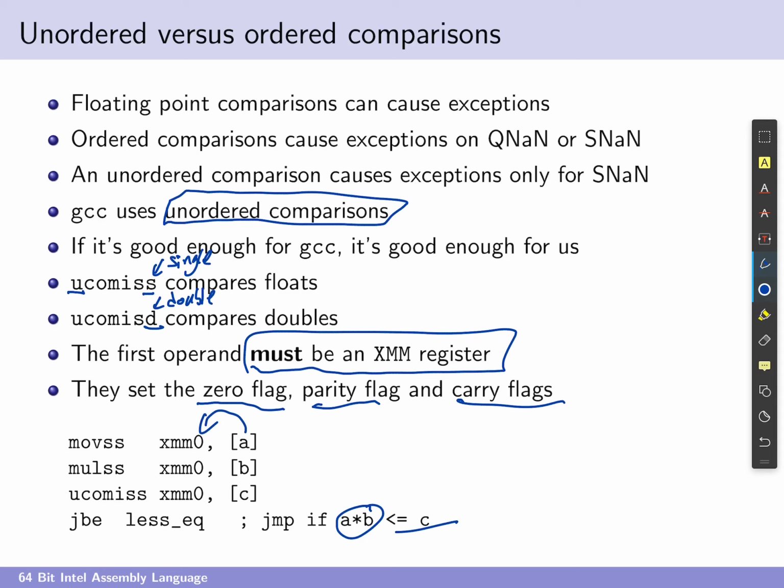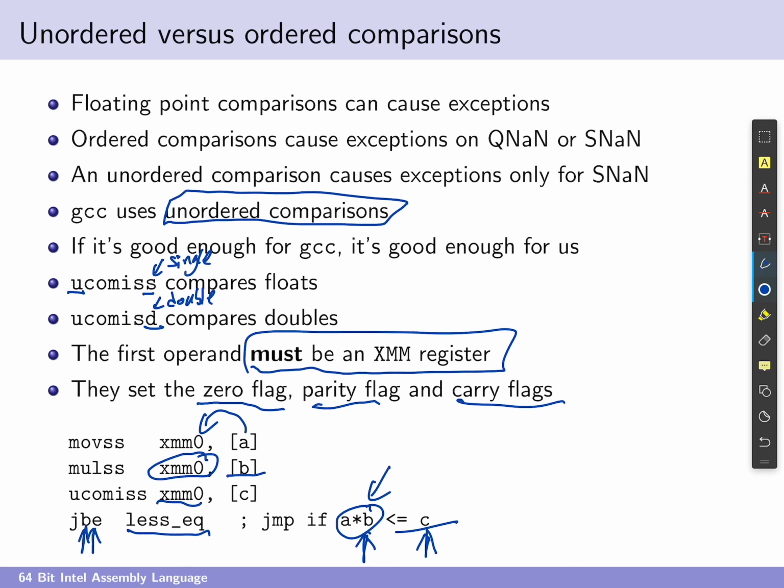Then I'm going to perform a multiplication of A with B. And the result will be stored in the bottom 32 bits of XMM0. So basically I did this calculation here. Then I'm going to compare XMM0 with C. And if I'm in a situation that what is on the left-hand side is below or equal to what is on the right-hand side, I'm going to jump to this label. And that's where this BE comes from, below or equal.